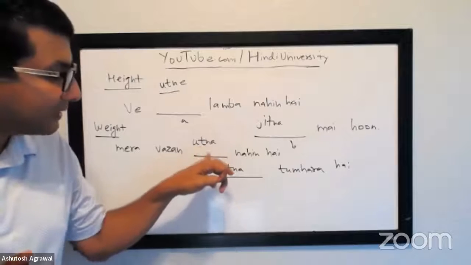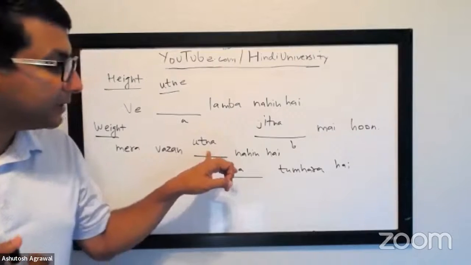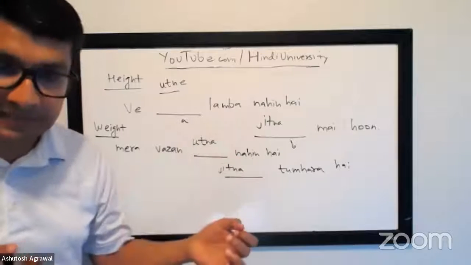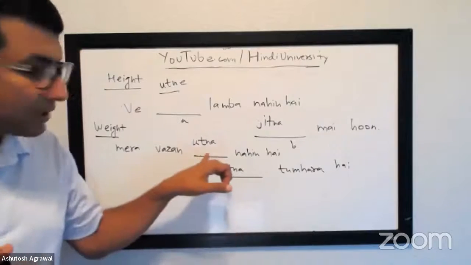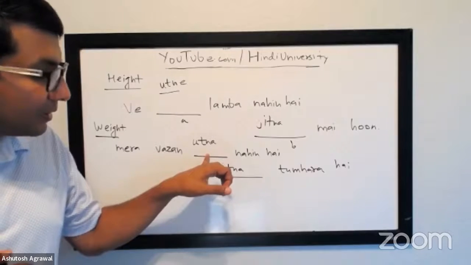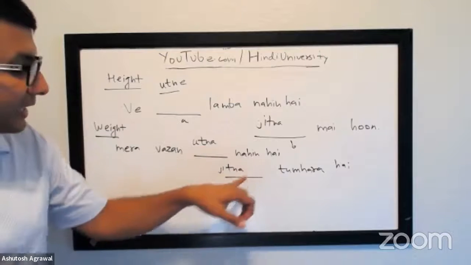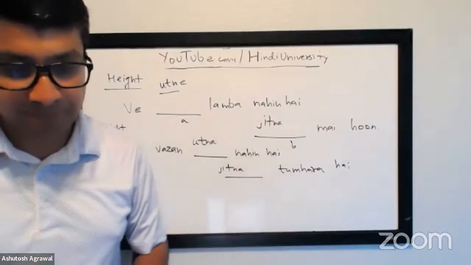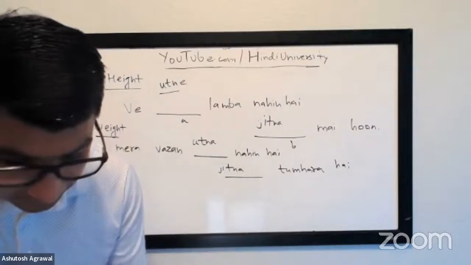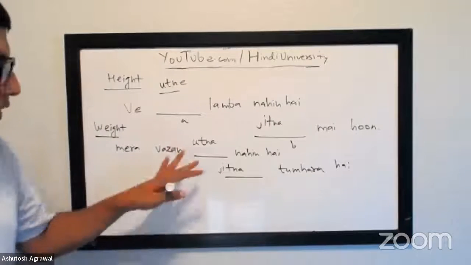You're not comparing that. You're not saying मैं उतनी लंबी नहीं हूँ. मेरा वजन basically, right? My weight. That's why it's utna or itna. Because vazan is masculine, right, my weight. Okay. मेरा वजन उतना नहीं है जितना तुम्हारा है. Yeah. Okay. Thanks.